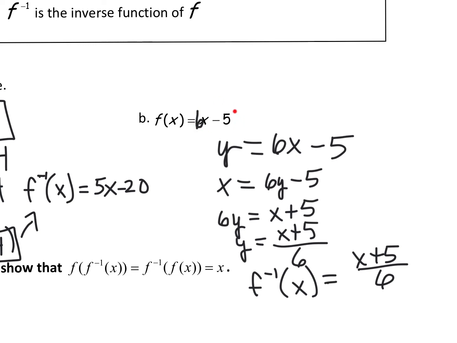Those are the inverse operations of what we have up here. Furthermore, they're going in reverse order. So if the last operation we're doing to x is subtracting 5, the first operation over here is the inverse operation, which is adding 5. If the first operation over here is multiplying by 6, the last operation over here is dividing by 6.